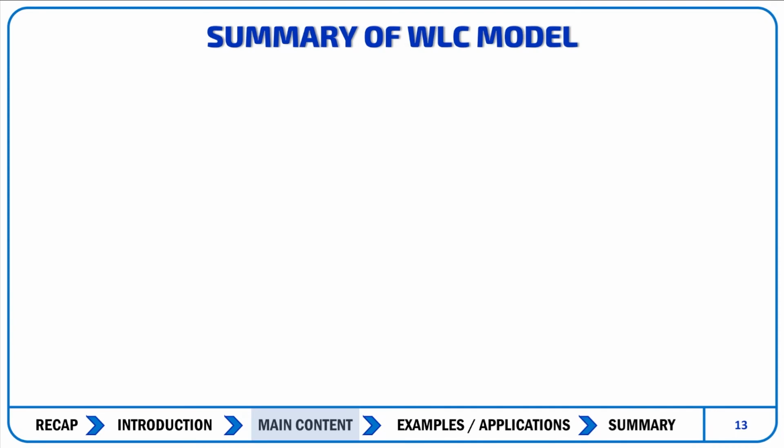So as a summary of the worm-like chain model, something we want to note is that if we are taking a look at a coil, we're just going to draw a circle here because it's easier. I have a starting point here. So we'll call this the start. And maybe we have something like this, and the worm-like chain bends exactly along this curve.